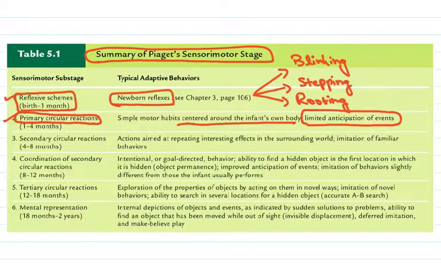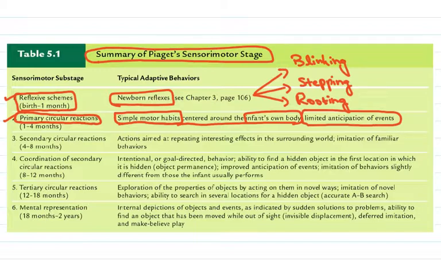One important thing to remember is that this repetition also leads to these reactions becoming motor habits, right? But these are mostly centered around the infant's own body. So these are two very important things to remember about the second sensory motor substage.